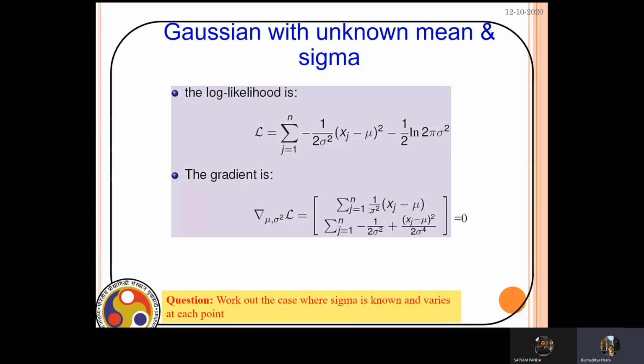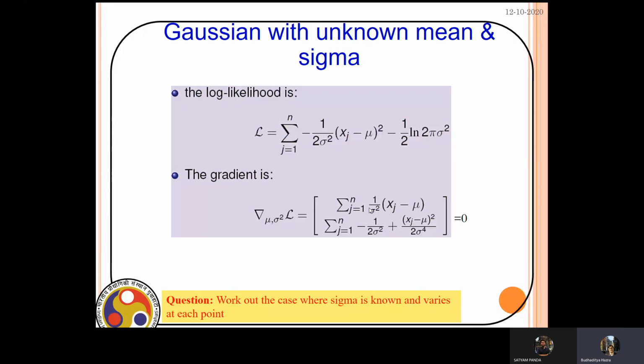So you first form the likelihood function, and then the log likelihood function, and finally you take the gradient, which is the most general form of mathematical expression for vector parameters.